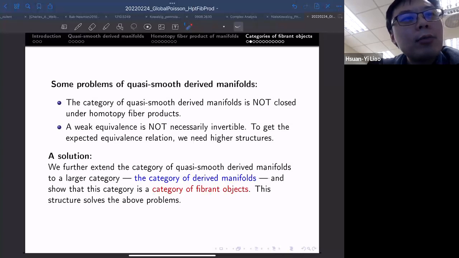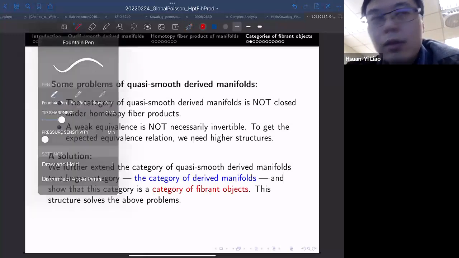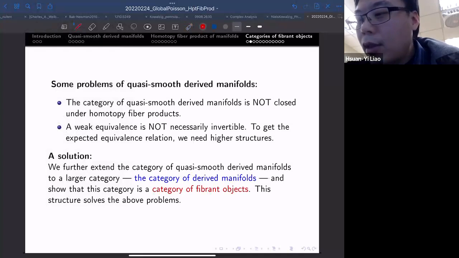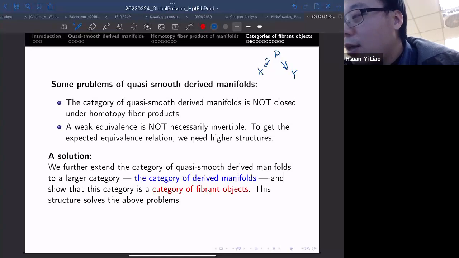So there are several approaches to these things. Well, I'm not sure which one is your favorite. So the equivalence will be something like X, Y, then I have some big space P, and then I have two equivalences like this.